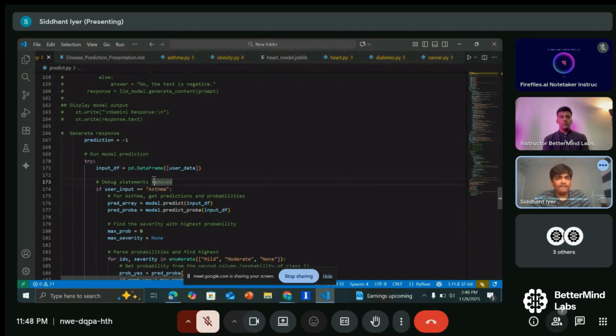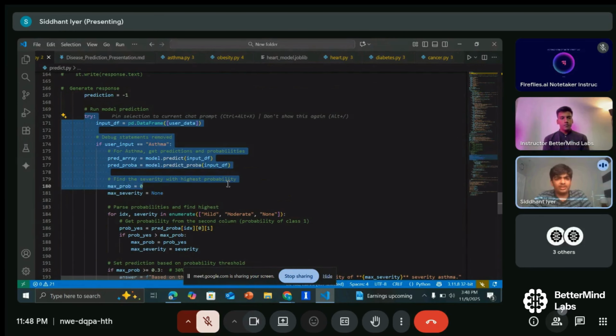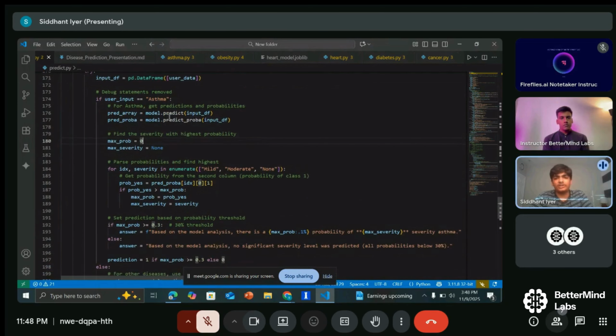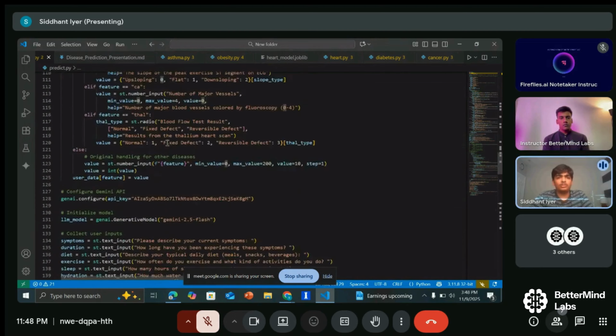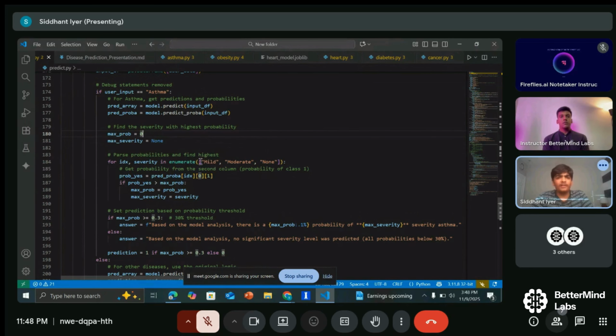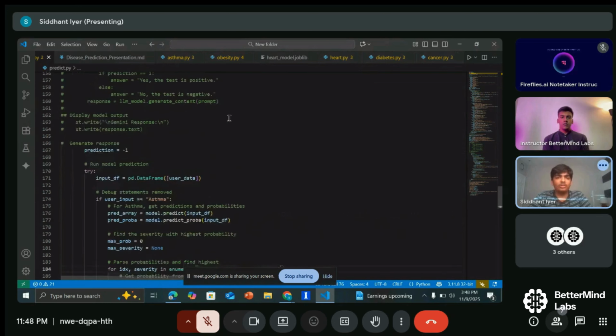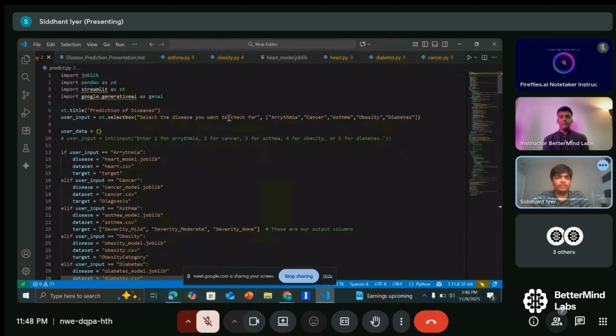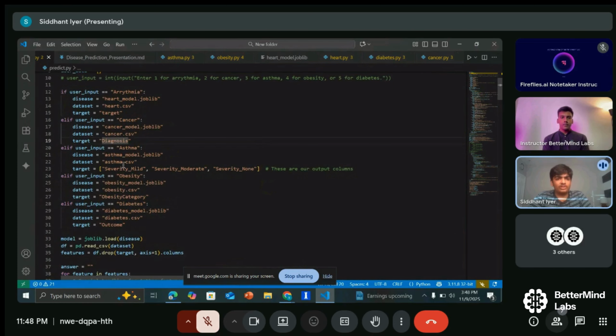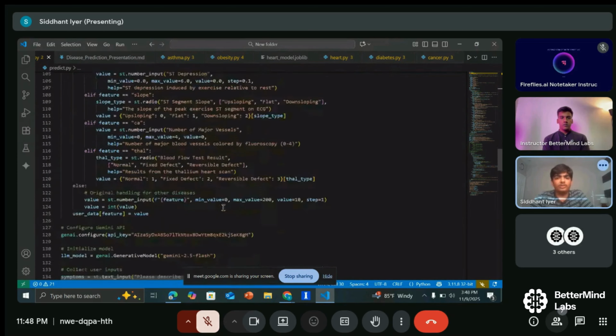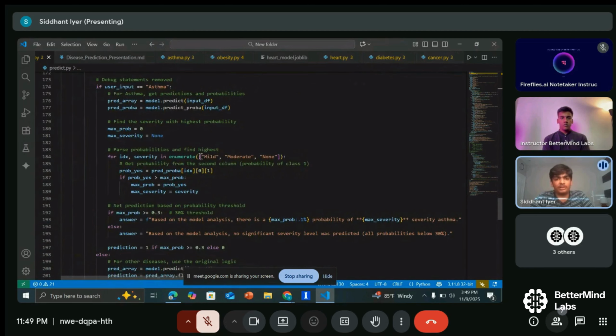And we use this try function, which was also a problem with the asthma one. In each data set there was a target variable, whether it was diagnosis in cancer or target in arrhythmia. But for asthma, there were three target variables. So we had to use this try function to allow for no errors in the code.